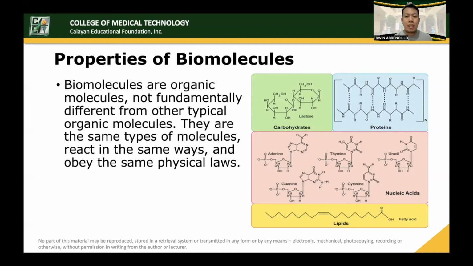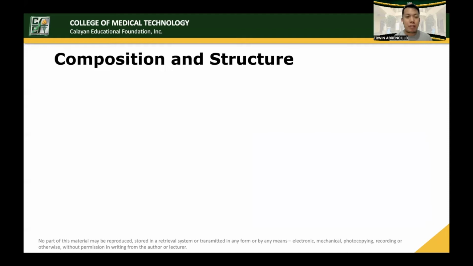So some structures are in skeletal or line angle formula. Some are using the expanded formula and so on. However, it doesn't matter. The point is that they are all carbon-containing compounds.